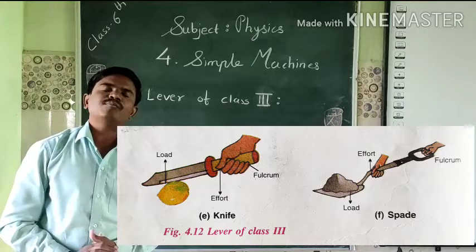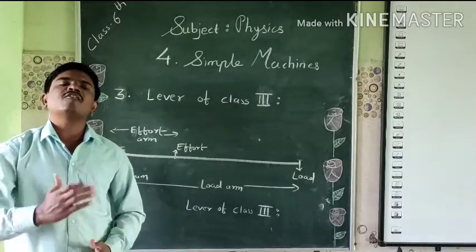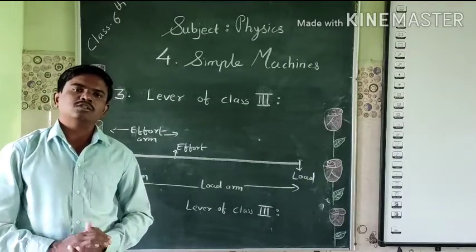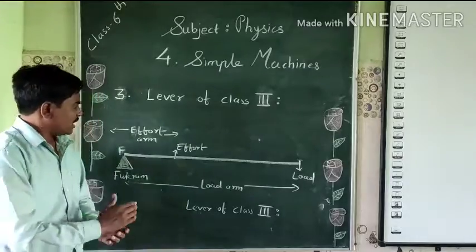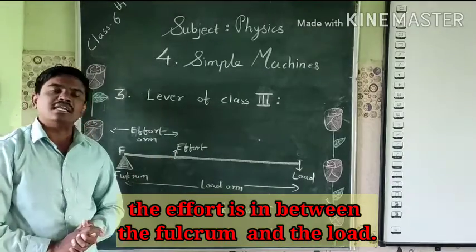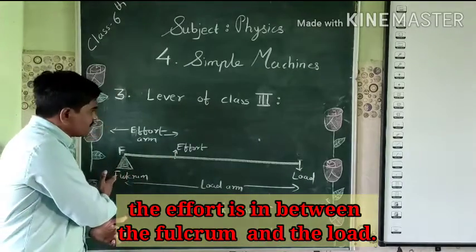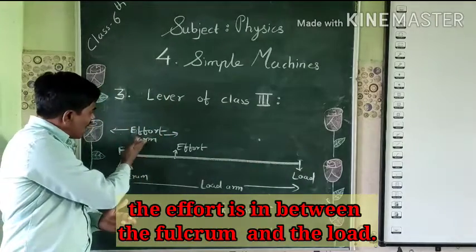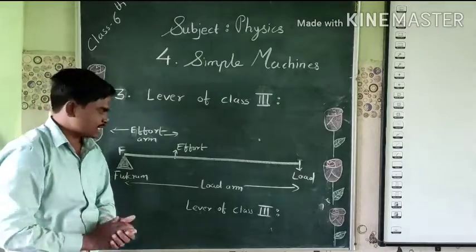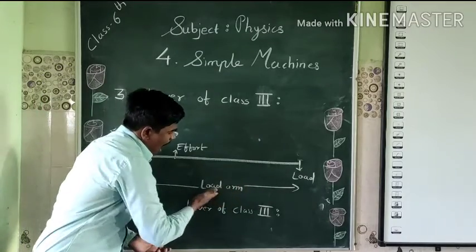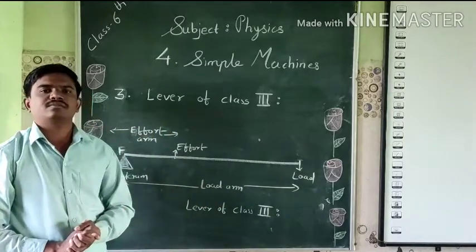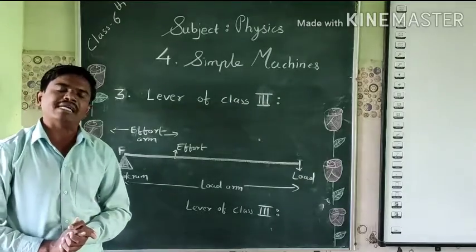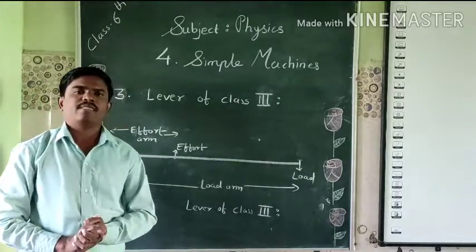These are the examples of lever of class third. In these examples, effort is lying between fulcrum and load, and effort arm distance is less than load arm distance. Therefore mechanical advantage is less than 1.